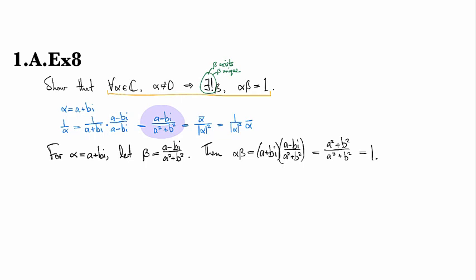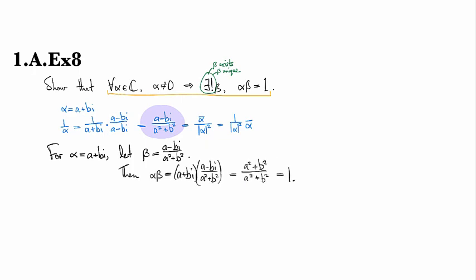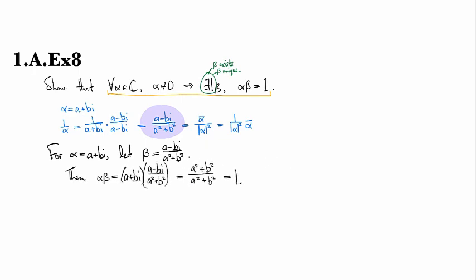So, oh, and you know what? I should have added one other detail first. So let me put this down here and say this is valid so long as a and b are not both 0.